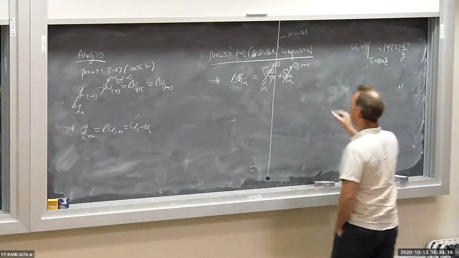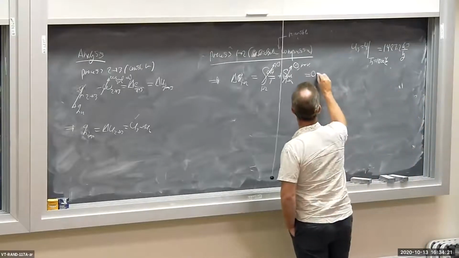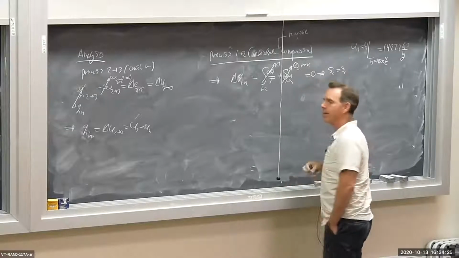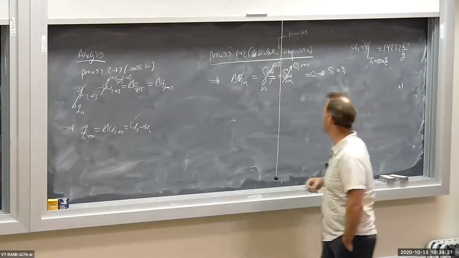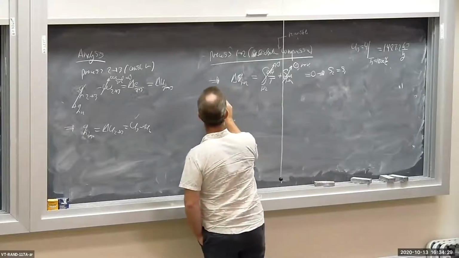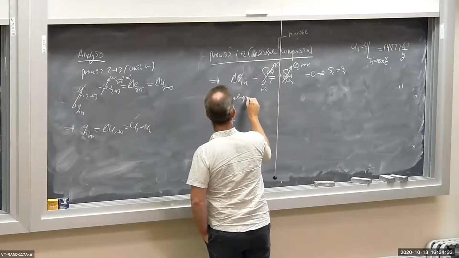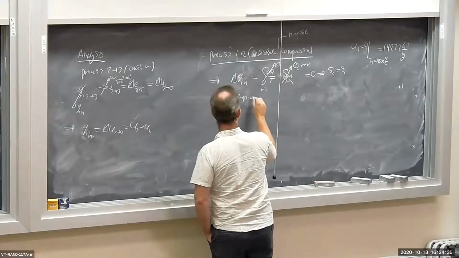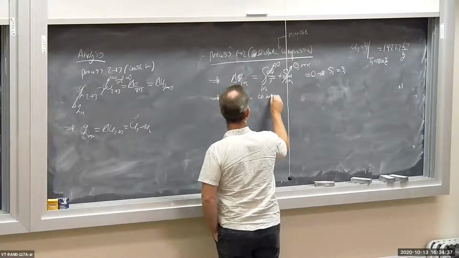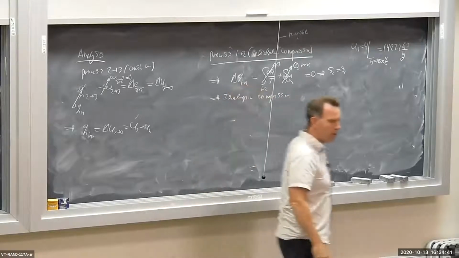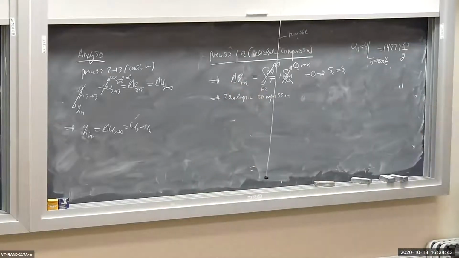That means delta S is equal to 0, S2 is equal to S1. It's isentropic compression. If it's internally reversible and adiabatic, it's isentropic.